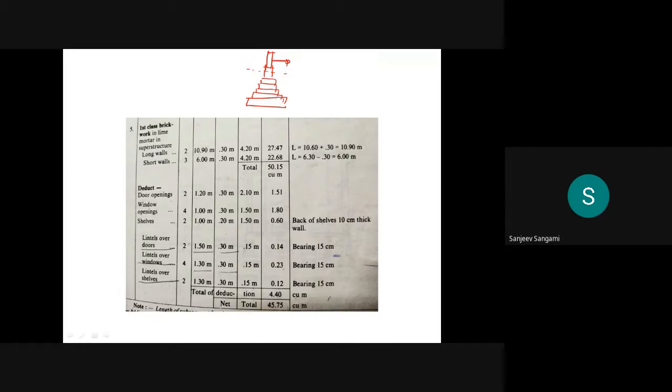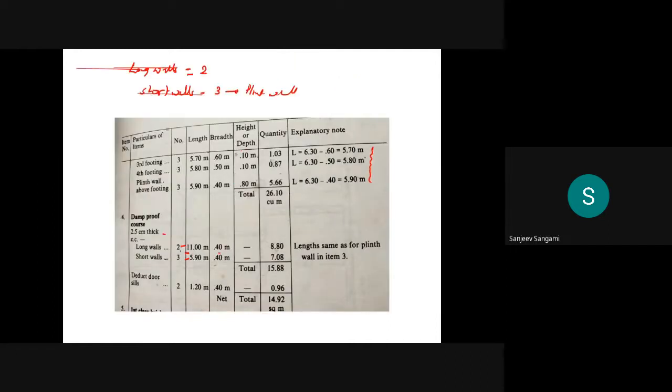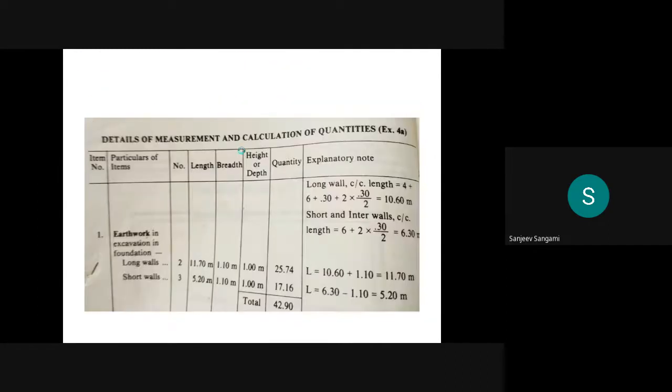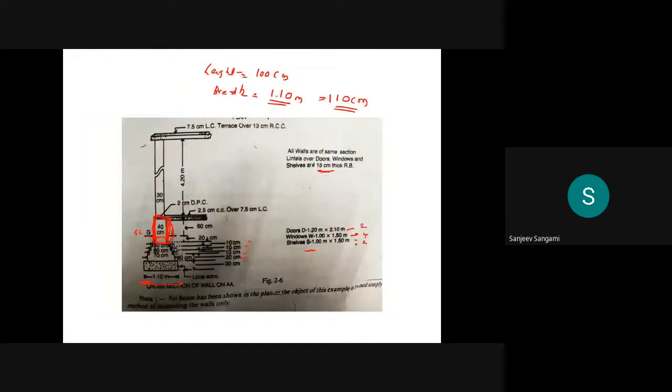So then how exactly can the superstructure be calculated? Again, go with some more standard formula only. That is center to center length plus breadth. That is the calculation. Then the long wall's height, he has given 4.2 meters. Just cross check it once, whether it is 4.2 or not.